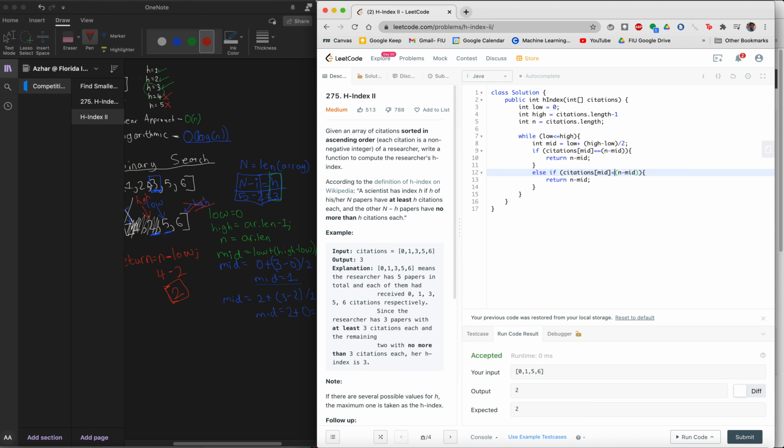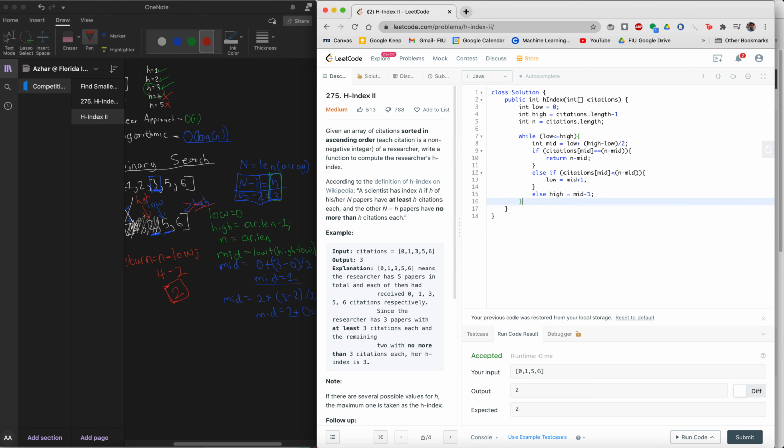So there are possible values where it could be greater. So you're not gonna return anything. You want to keep looking forward to see what's possible. So you would do mid plus 1. Otherwise, else high equals mid minus 1.